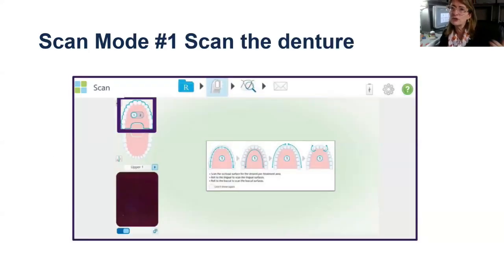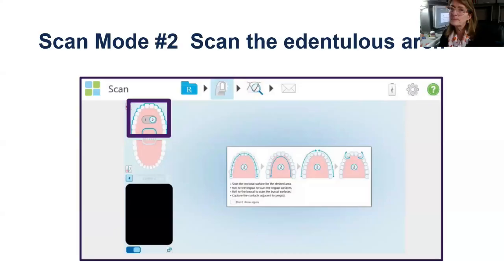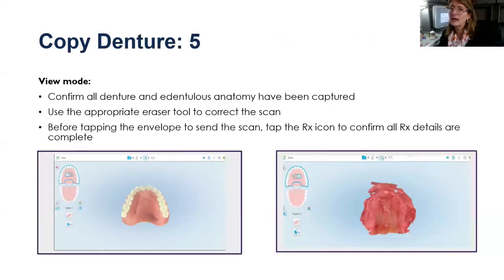And just as in pre-treatment, scan number 1 is going to be green in the background. And then scan number 2 is going to be blue. And that's an example of both the scan of the denture that we're copying, as well as the intraoral fully edentulous arch. And I do not always scan the patient's fully edentulous arch.